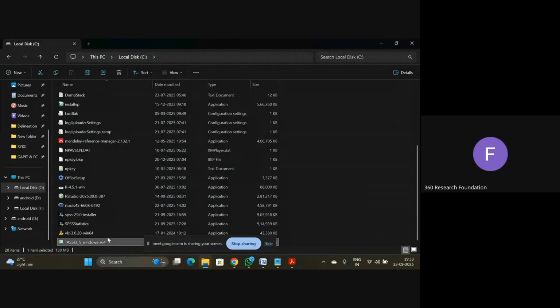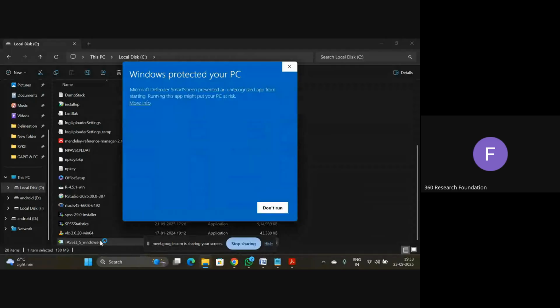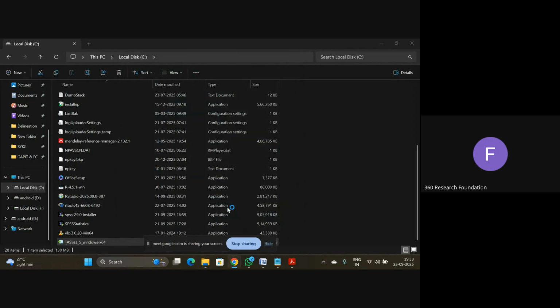Just see, this is the Tassel. Like this it is coming. No problem, just click on that anyway. It will start the installation. You can try the same for ICI mapping.